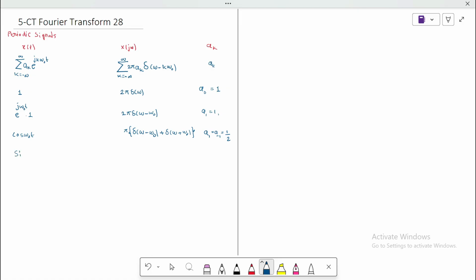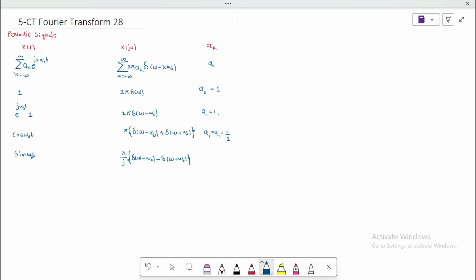Similarly for sine omega naught t, we get the corresponding Fourier transform: pi by j times delta of omega minus omega naught minus delta of omega plus omega naught. This is the Fourier transform for sine omega naught t.